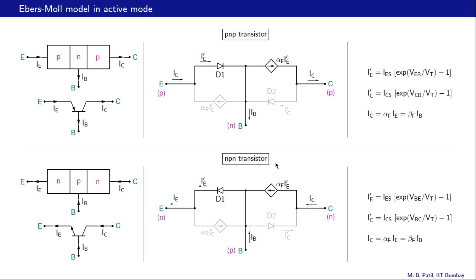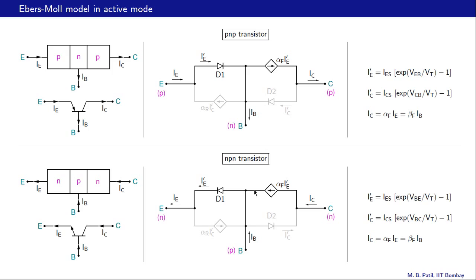Same thing for the NPN transistor. D1 is under forward bias, D2 is under reverse bias, so this current is negligibly small. So is this current, and therefore we are left with D1 and this current controlled current source.